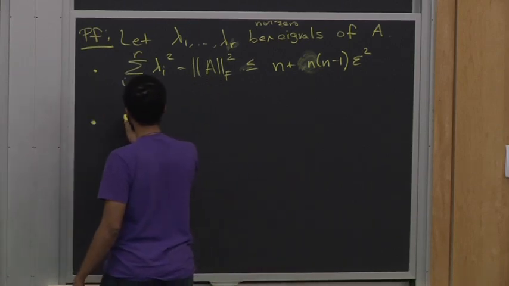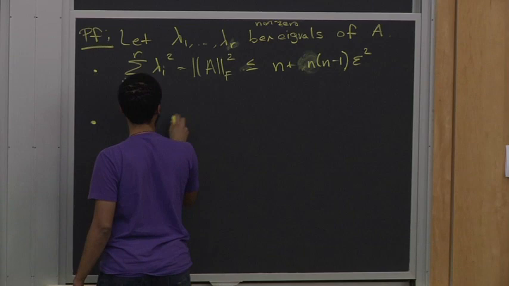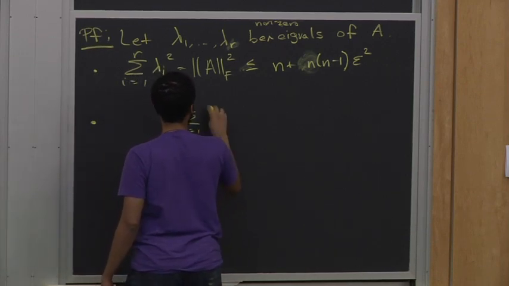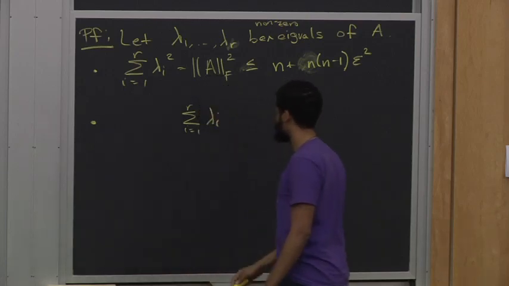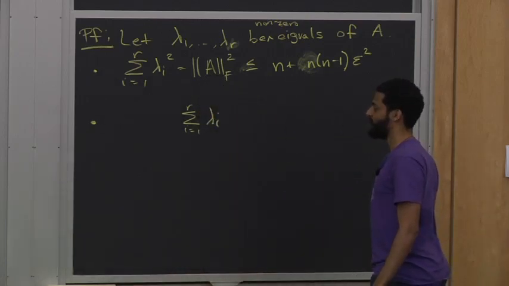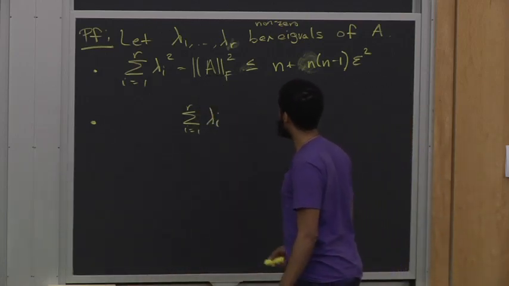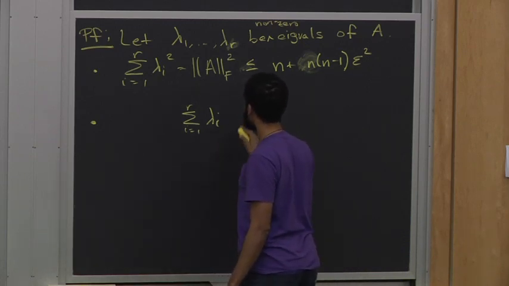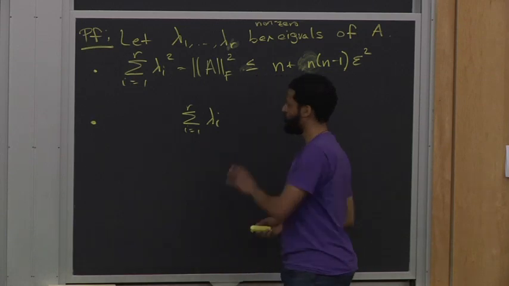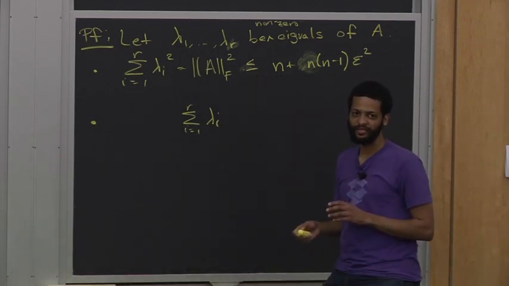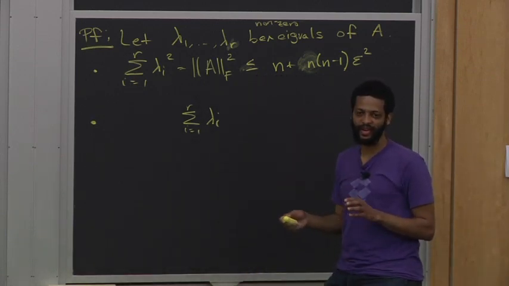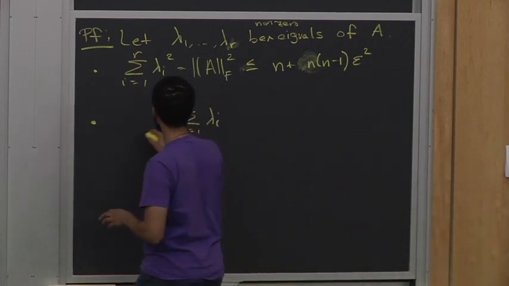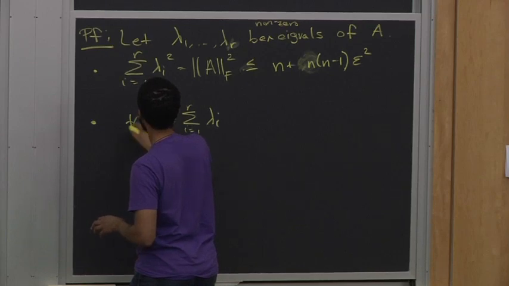The next thing is, if you look at the sum over i from 1 to r of lambda_i, what is it? Another linear algebra fact: this is just the trace of A, which is equal to n.